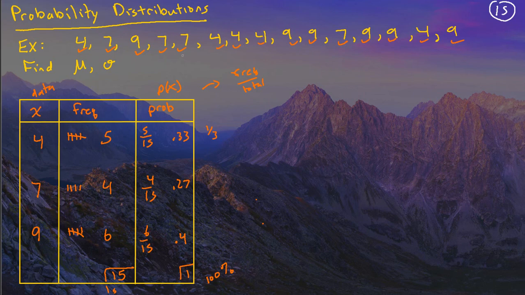Well, to find our mean, we would normally add these all up and divide by 15. Instead, to find our mean, we're going to do 4, that's our first data, times the probability that the 4 happens, plus 7 times the probability that a 7 happens, then plus 9 times the probability a 9 happens.